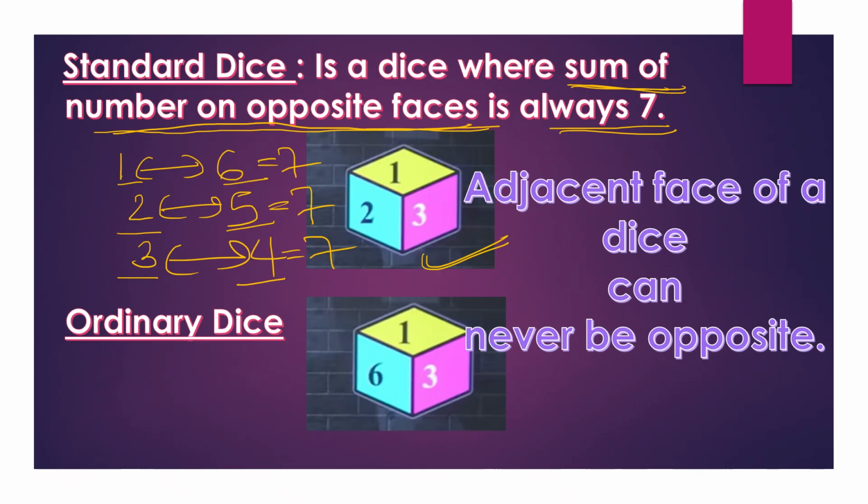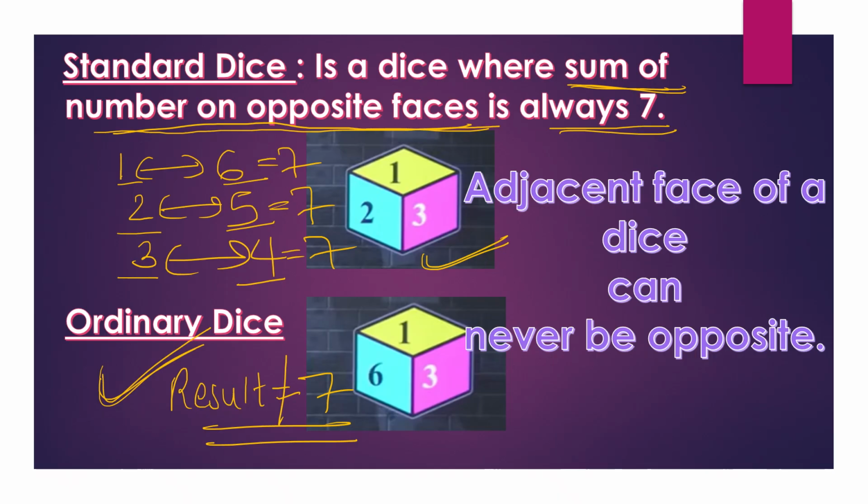But usually the questions are asked on the ordinary dice. An ordinary dice is just the opposite of a standard dice. It means the sum of the numbers on opposite faces will not be 7.